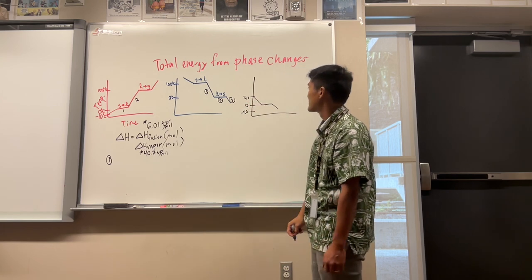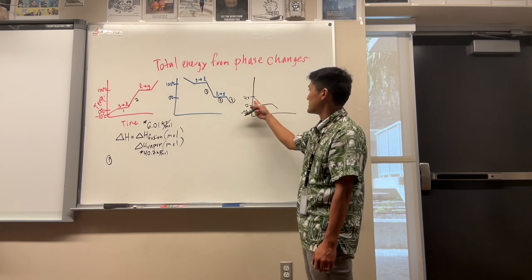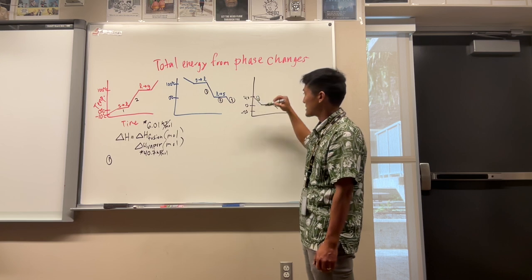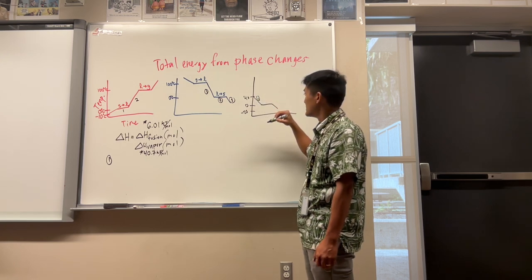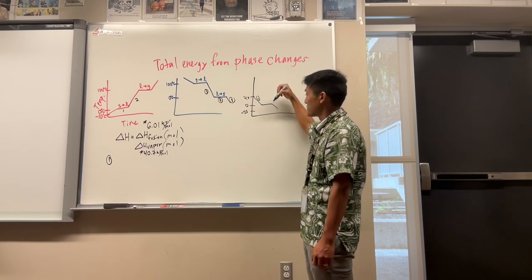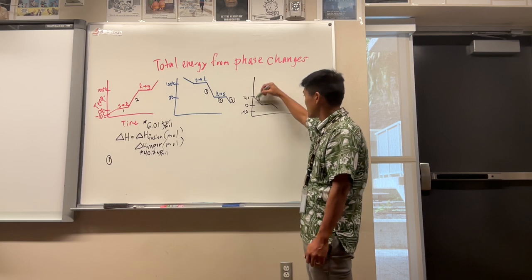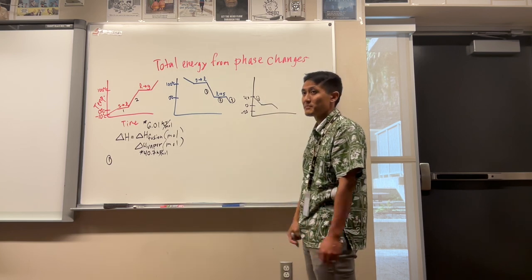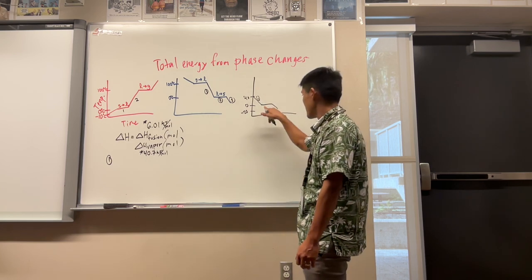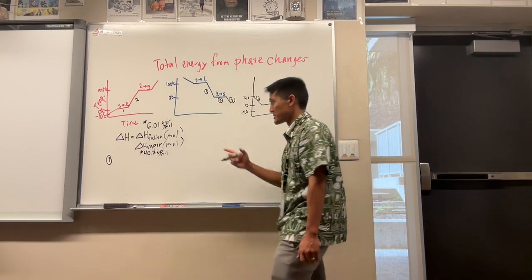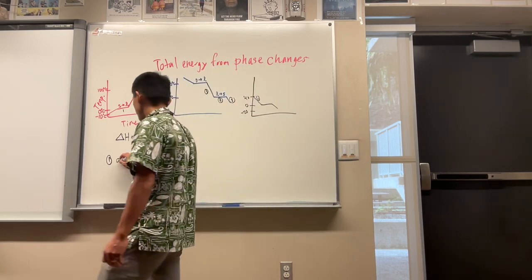So for this first part, do I use MCAT? Is there a slope or is it flat? Slope. If there's a slope, I use Q equals MCAT. If it's a straight line, there's no change in temperature, so delta H. So I'm using Q equals MCAT.